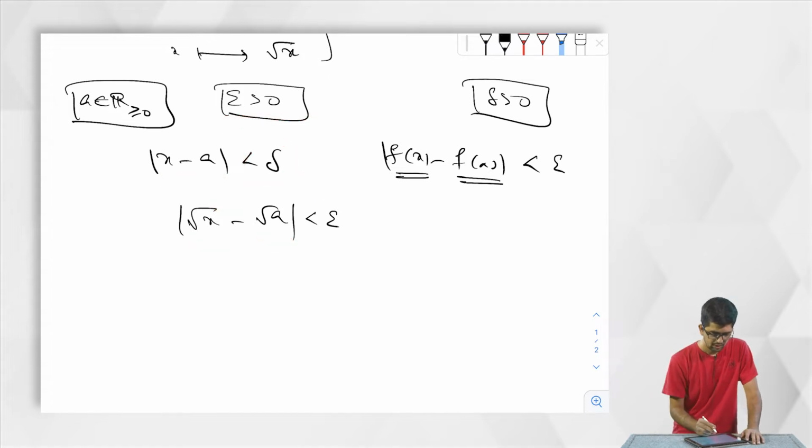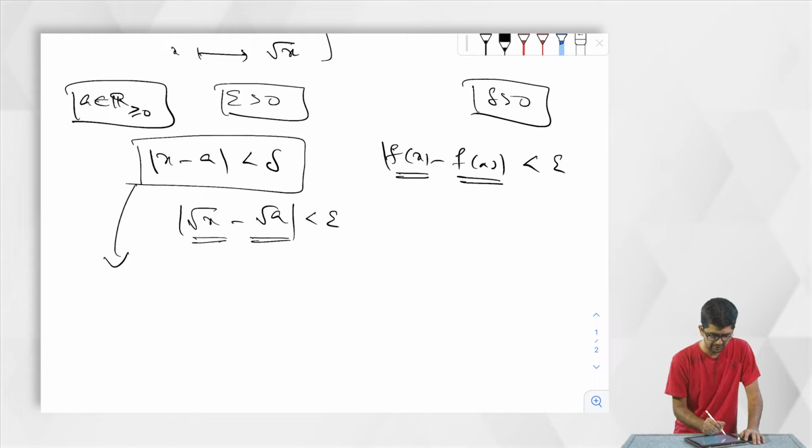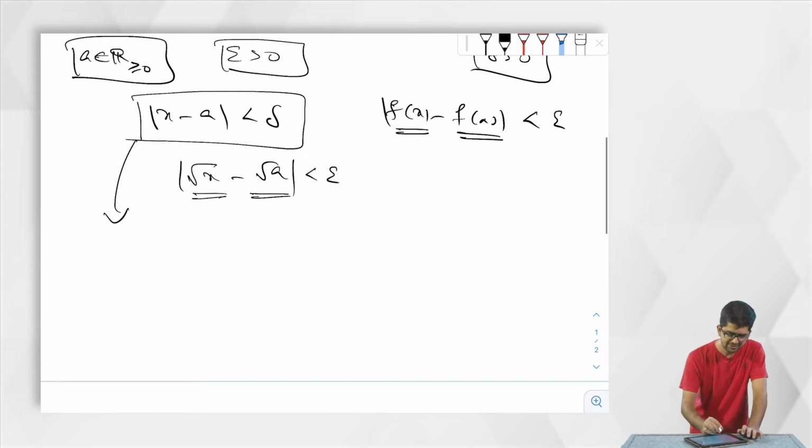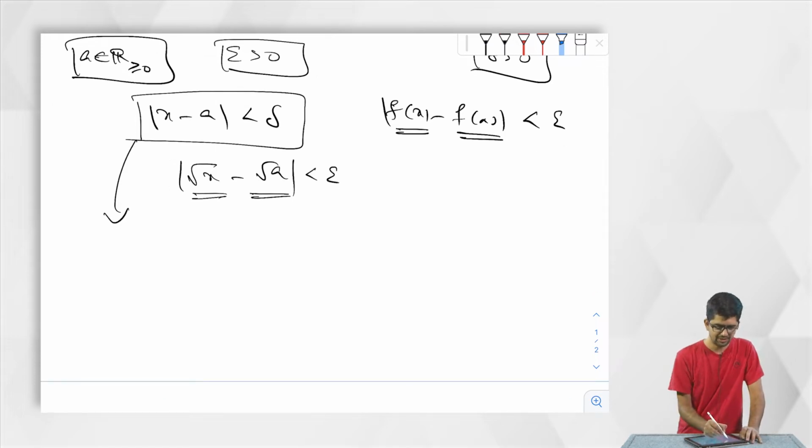Now here we have a root a and a root x. Let us write mod x minus a, treating it as p square minus q square, where p is root x and q is root a. So p square minus q square is p plus q into p minus q.